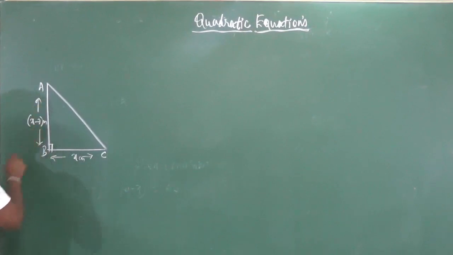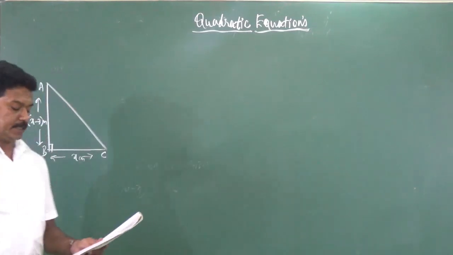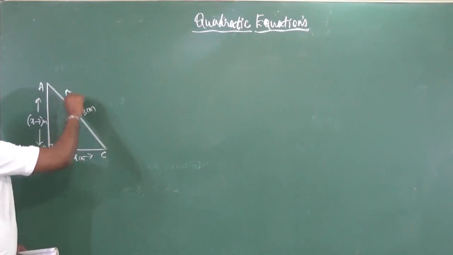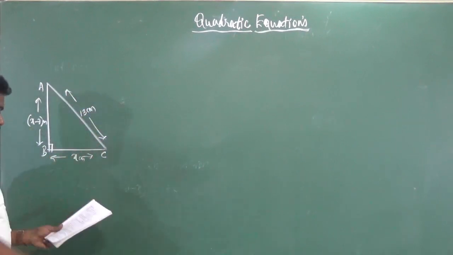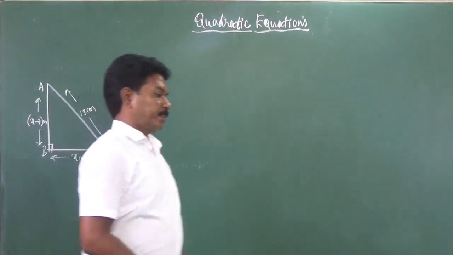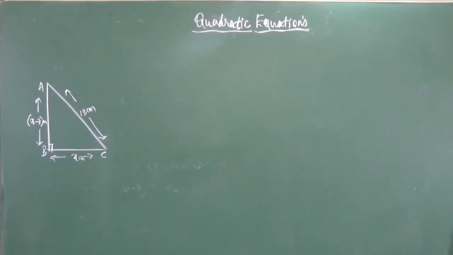The hypotenuse is 13 centimeters, opposite to the right angle. Find the other 2 sides, the remaining 2 sides. It's easy. Let us go with it.